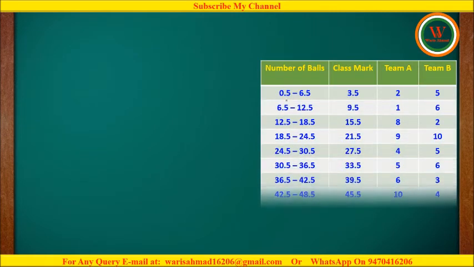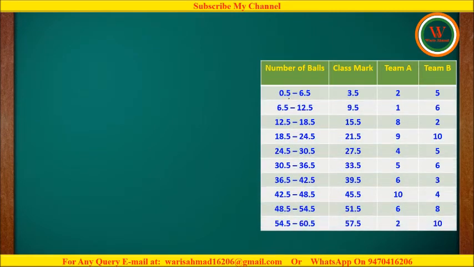It will be 0.5 to 6.5. Next one will be 6.5 to 12.5. Next will be 12.5 to 18.5 and so on. Now here we can observe all this data is given in the exclusive form. After converting it into the exclusive form, we will find the class mark of each class.